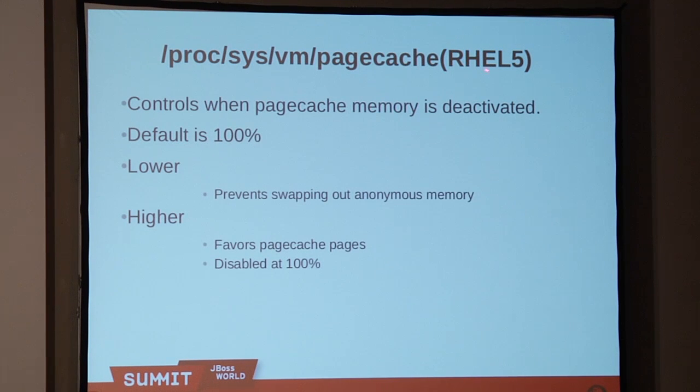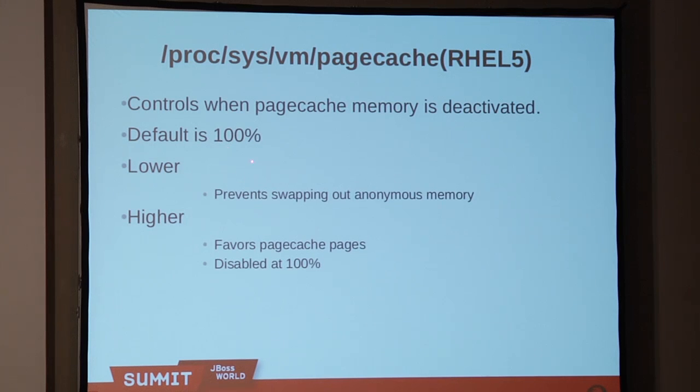In rel 5, actually, and in rel 4, I put in a tunable parameter called Procsys VM page cache. Its default was 100, and if you lowered page cache, it would sort of prevent swapping. What the system does is it says if 100% of memory is in the page cache, then swap.